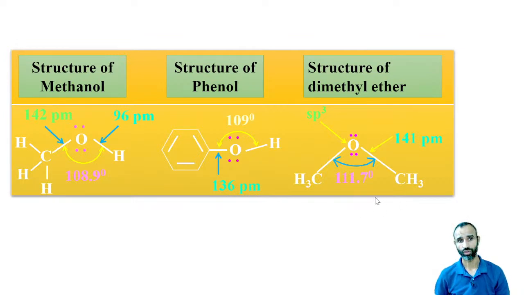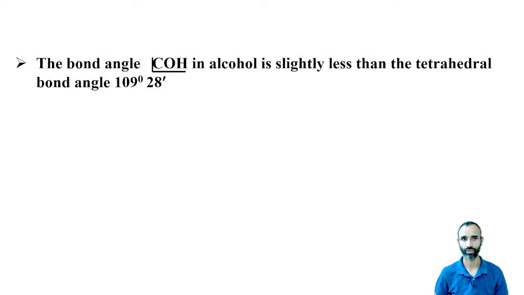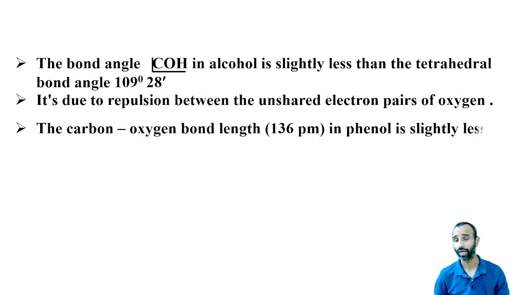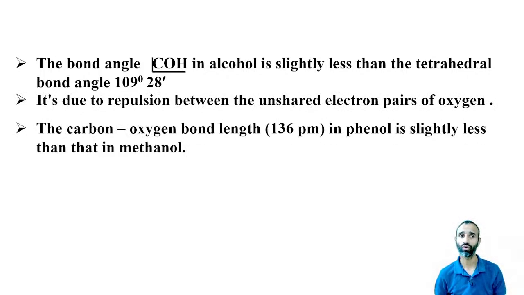So, in case of ether, the angle is greater than tetrahedral because of the presence of steric hindrance between the alkyl groups, and other angles are less than tetrahedral because of the repulsion due to lone pairs. Now, bond angle in alcohol is slightly less than tetrahedral, due to the repulsion of unshared electron pair of oxygen.